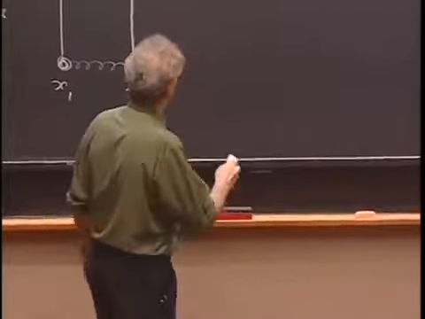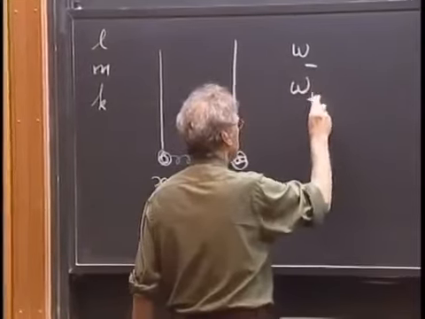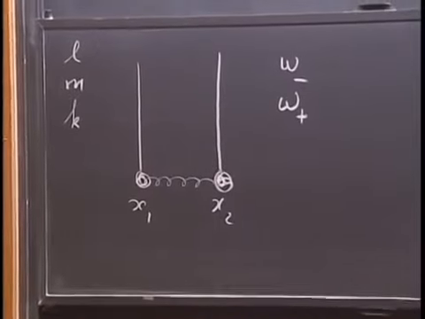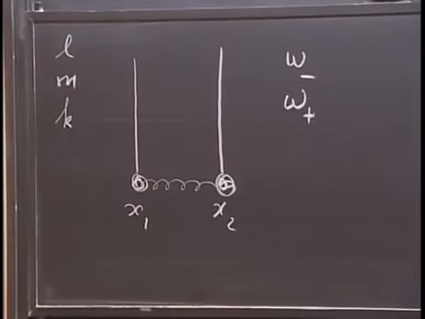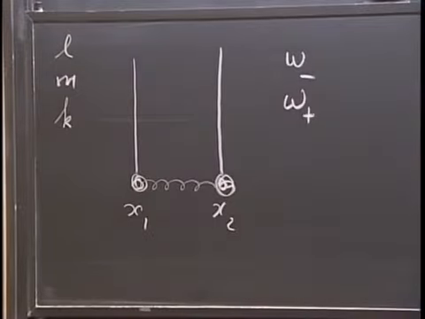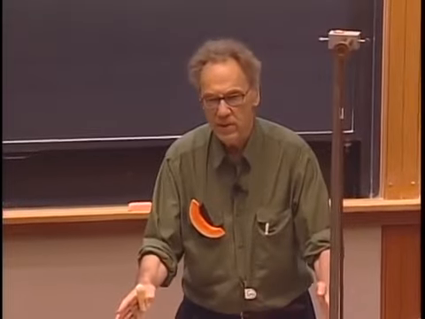So they come to a halt at the same moment in time, in the same direction, and they have the same frequency. If then I have another frequency which is higher, there are 2 normal modes because we have 2 objects. If we have 3 objects, there are 3 normal modes. If we go to the higher normal mode, the higher frequency, they have the same frequency, but they are 180 degrees out of phase.